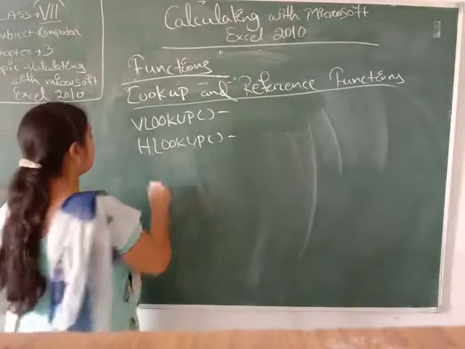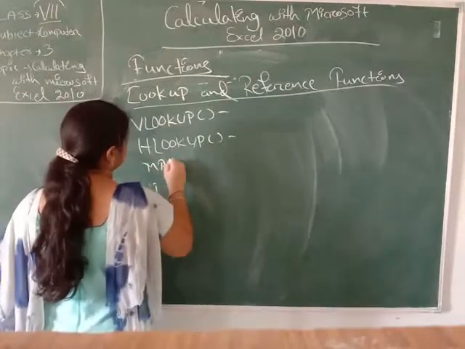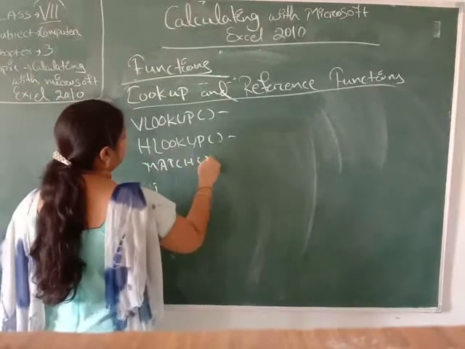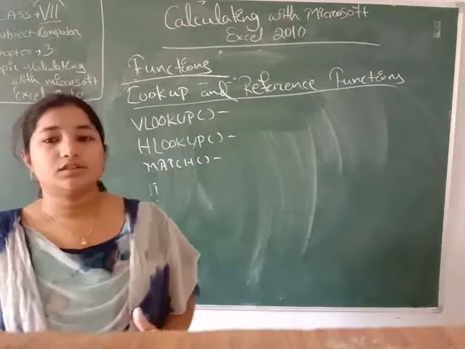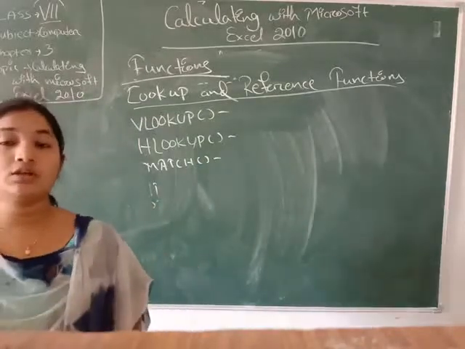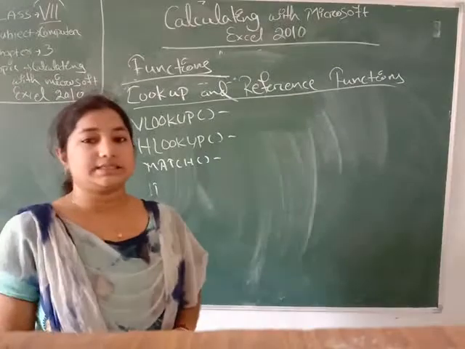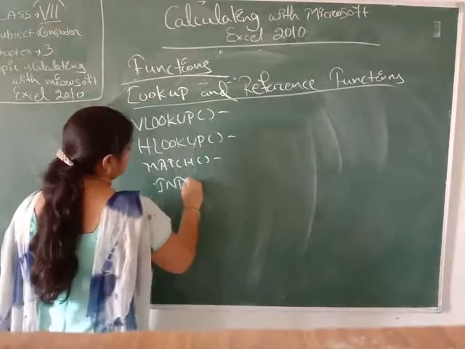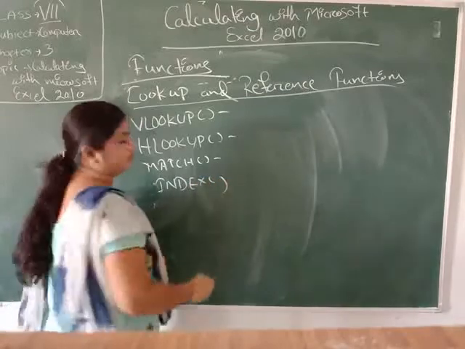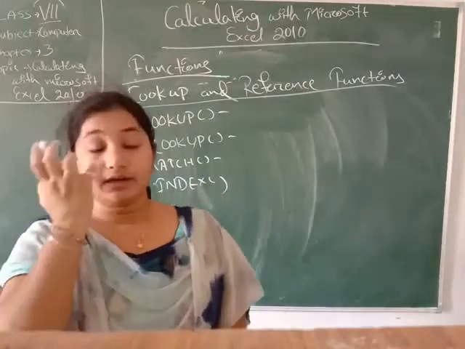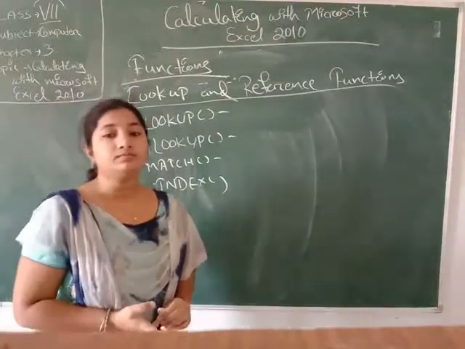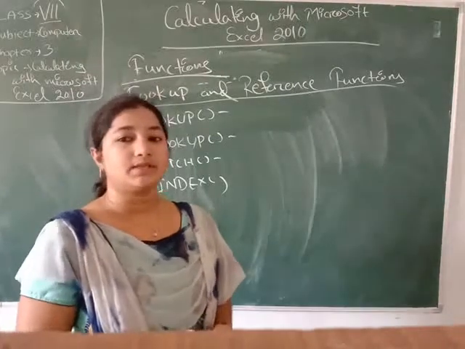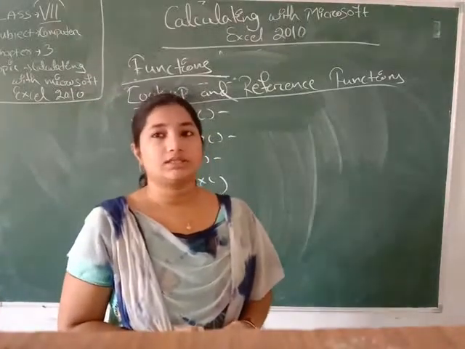Next one is MATCH. MATCH returns the position of a value in a list. Next one is INDEX. It returns an item from a specific position in a list.